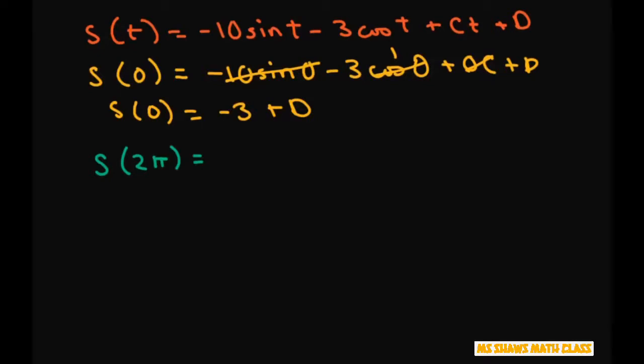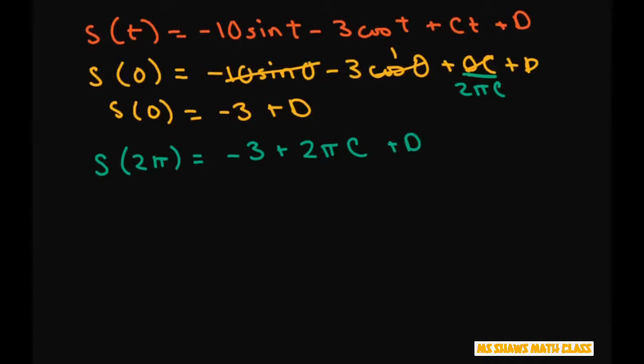Sine of 2 pi is also 0, and because 0 and 2 pi are coterminal, you get the same thing, negative 3. But when you plug in 2 pi here, you get 2 pi c, so plus 2 pi c plus d.